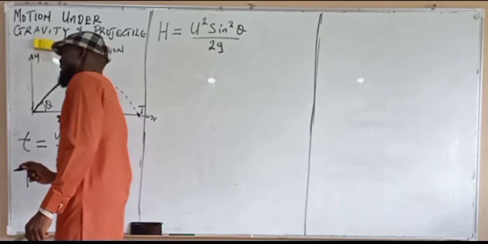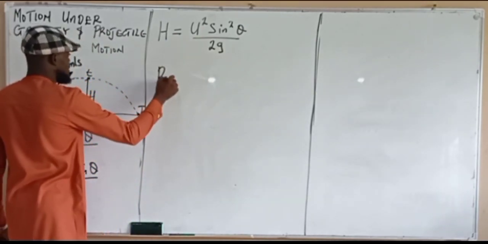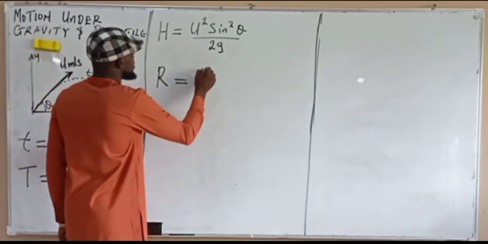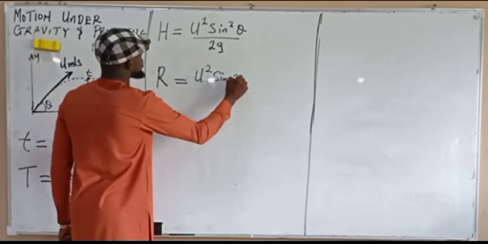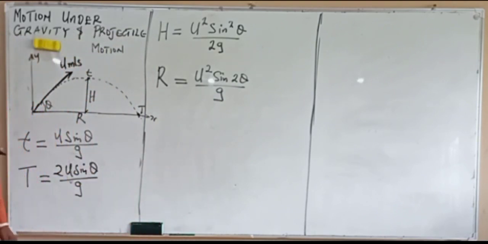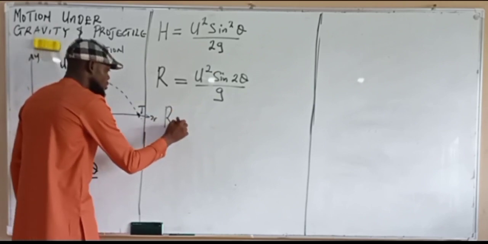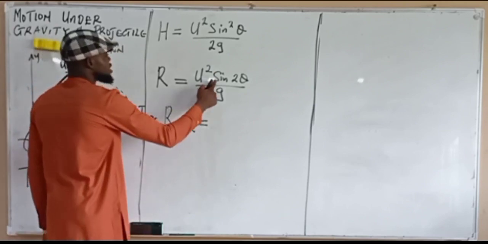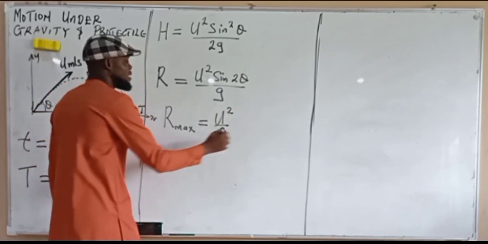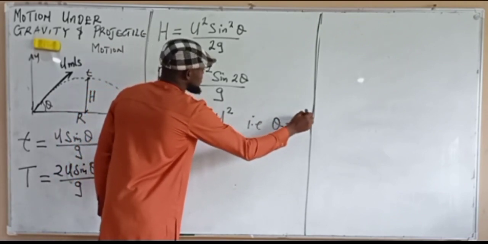While the horizontal range of the motion is given as u square sine 2 theta over g. But the maximum range can be obtained to be u square over g, that is when theta is equal to 45 degrees.